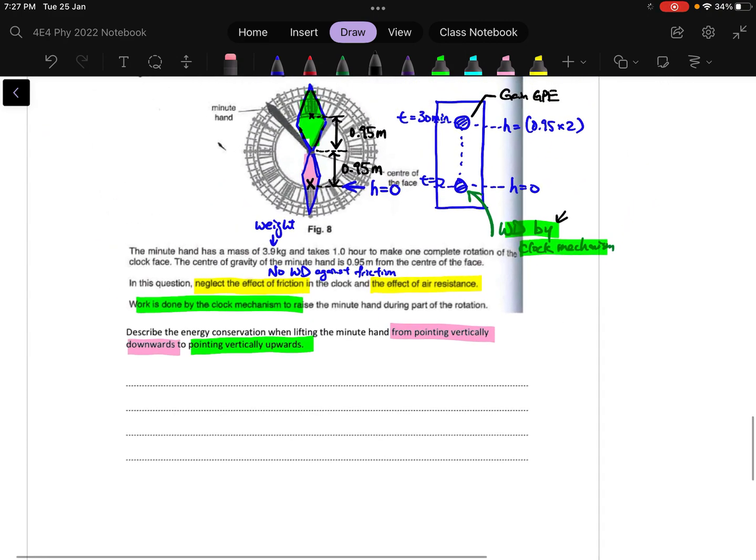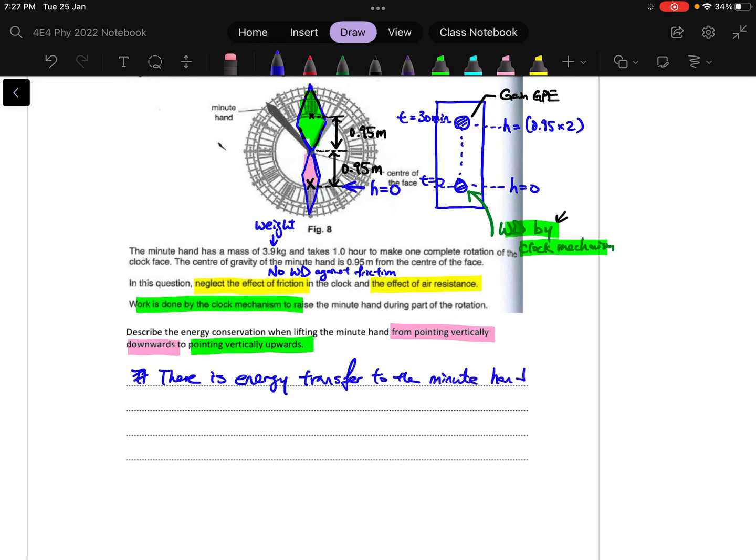So to describe this, very simple, right? There is energy transfer to the minute hand in the form of work done by the clock mechanism, right?